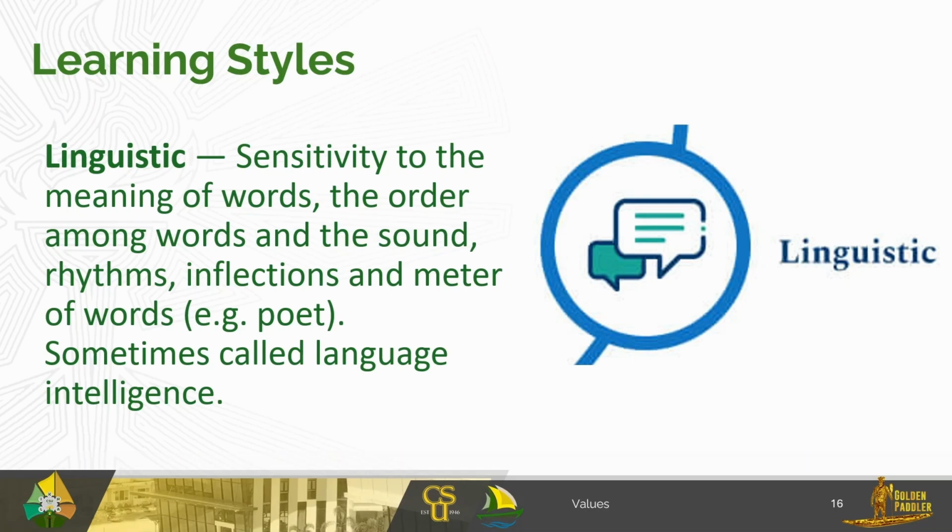Another learning style is linguistic. This refers to the sensitivity to the meaning of words, the order among words and the sound, rhythms, inflections, and meter of words. This is sometimes called language intelligence. These types of students simply enjoy making use of the language itself.